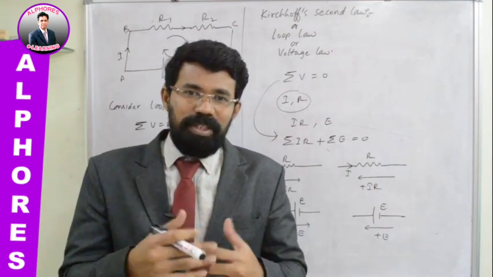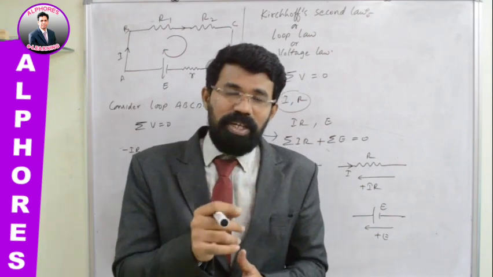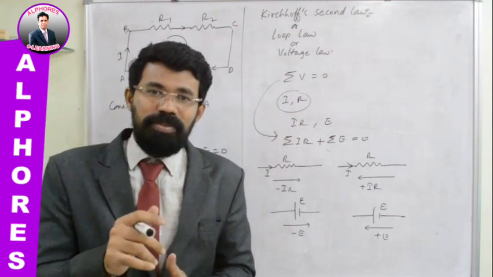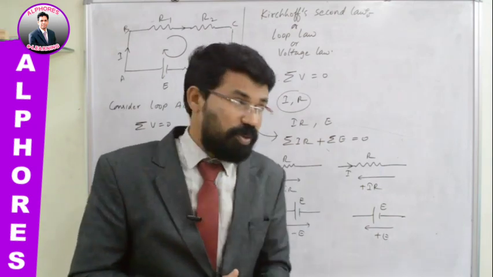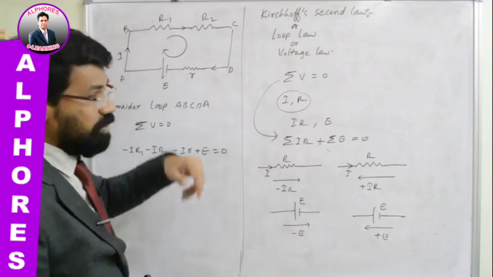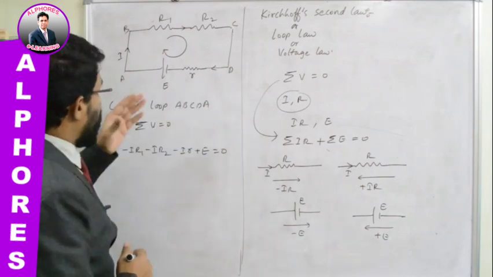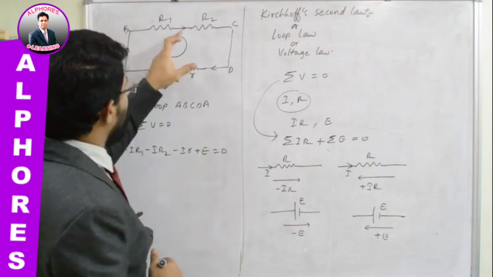It's a driving energy. What does it drive? It drives the charge. Energy supplied by the battery, by the cell, to drive a unit charge around the circuit is nothing but the EMF of the cell. So basically, the cell supplies energy for maintaining the charge in the circuit, isn't it? So whatever energy is supplied gets distributed across this one, across this one, across this one.